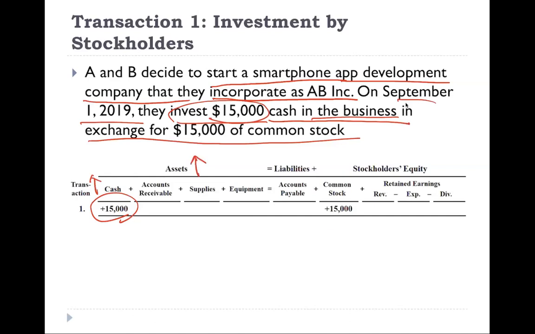At the same time, the firm has investors. This $15,000 represents ownership by A and B. So common stock increases, and because common stock is part of stockholders' equity, stockholders' equity increases. So this is the first transaction.